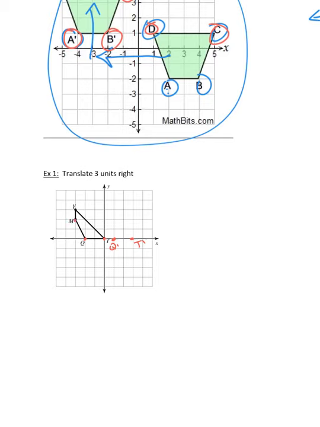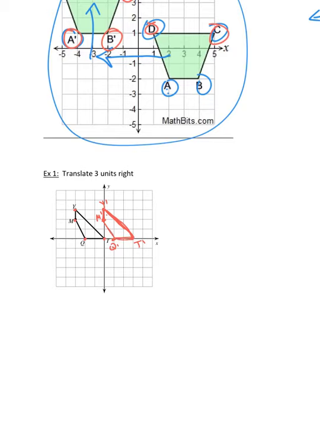M, 3 to the right. 1, 2, 3 is going to be over here, M prime. And then Y, 3 to the right, 1, 2, 3 to the right is here, Y prime. And then you connect it and it should look exactly like the original figure, only it's been translated, it's been slid to the right 3 units.